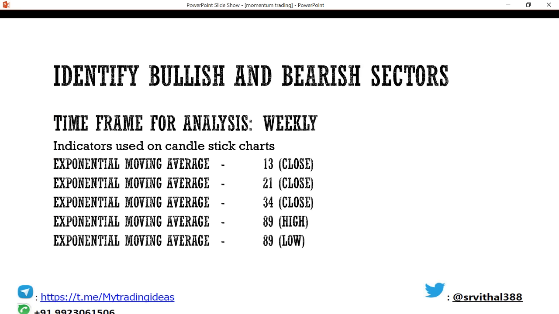So for identifying bullish and bearish sectors, I will use candlestick charts and exponential moving averages of 13, 21 and 34 on the closing basis, and exponential moving averages of 89 high and 89 low. These are Fibonacci numbers.